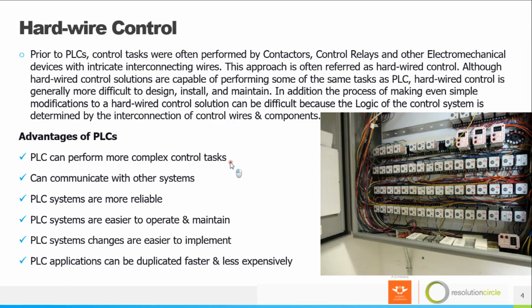Another problem is that, let's say your system has a problem and you want to troubleshoot. It's hard to troubleshoot on a hardwired control. Sometimes you'll have to work with more than 3 relays for a control system.